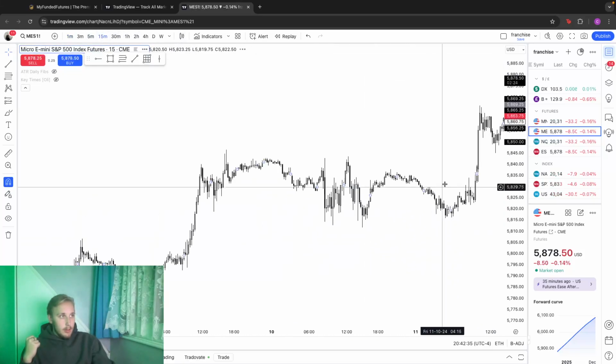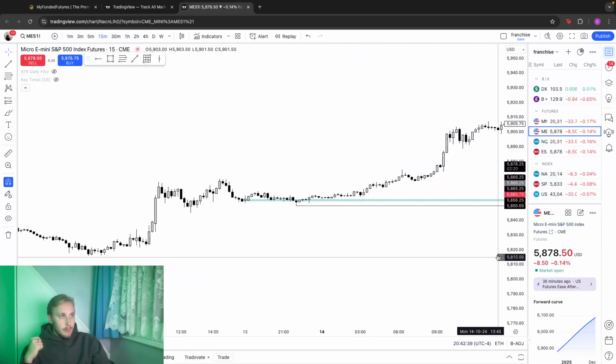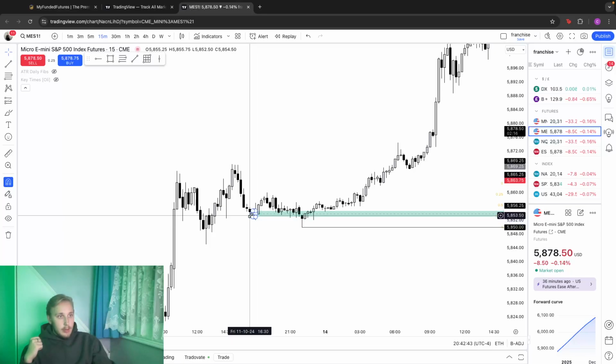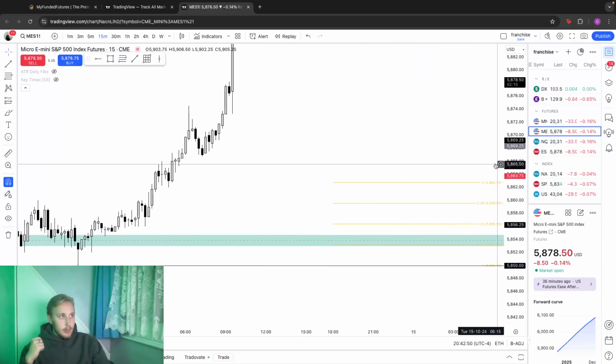If we mark up, we have got this weekly opening gap from the close to the open right here for this week.